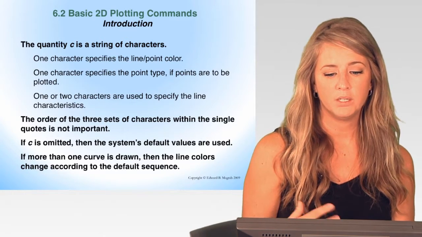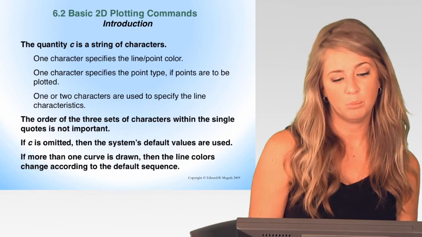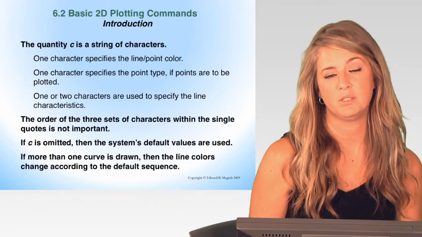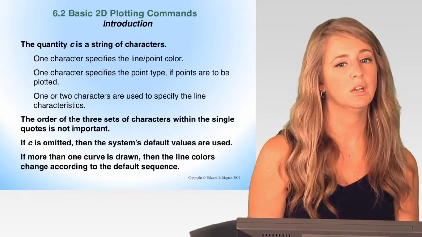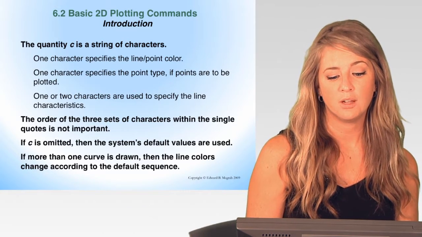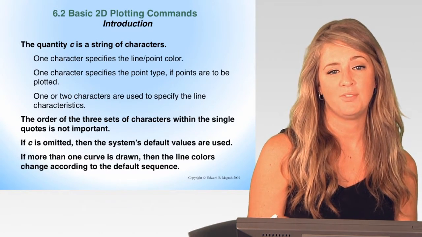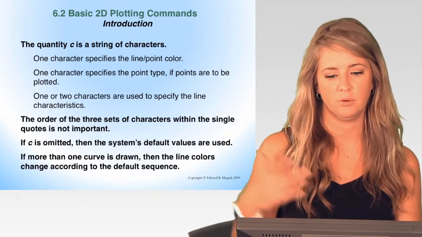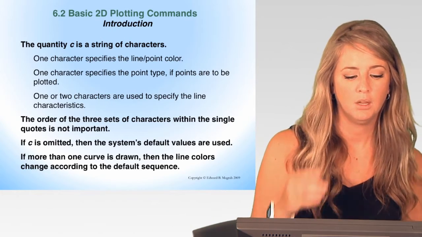So one character specifies the line or point color, one character specifies the point type if points are to be plotted, and then one or two characters are used to specify the line characteristics. The order of these three sets of characters within the single quotes is not important. So you could specify the color before you specify the point type.